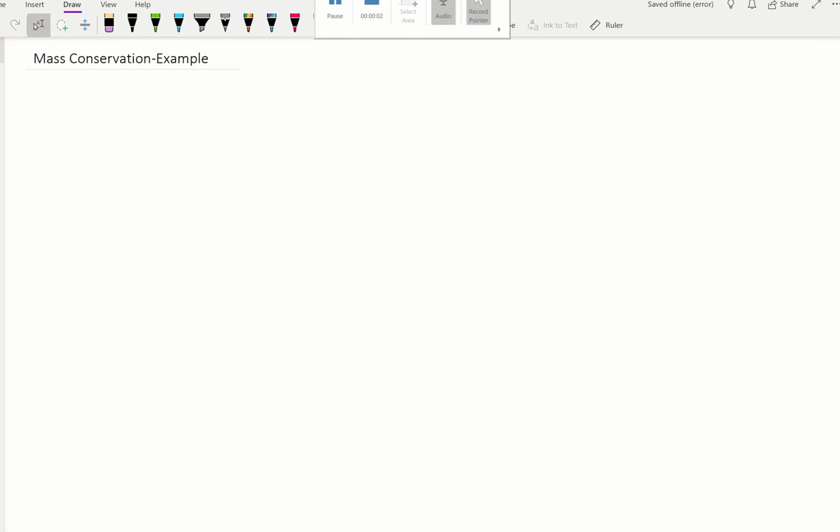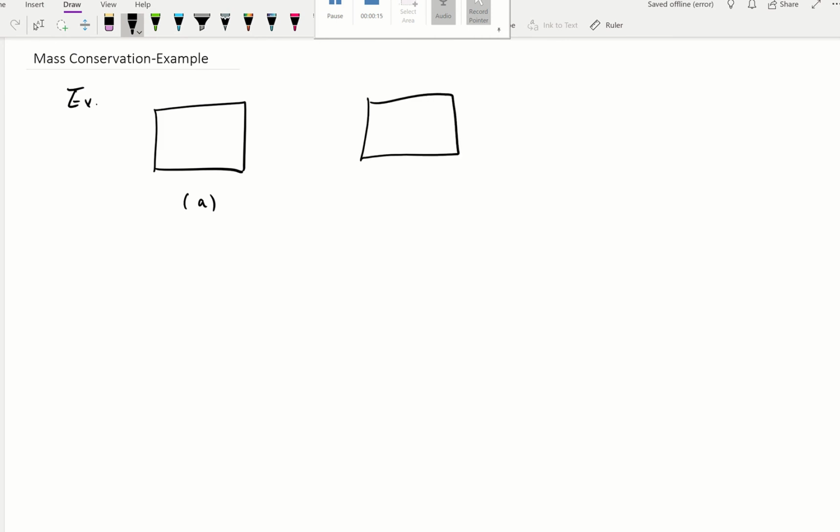In this video we will look into an example of mass conservation. So here we have a container. This is scenario number A and this is scenario number B. For A, you will have some flow rate coming, and this is 2 kilograms per second.